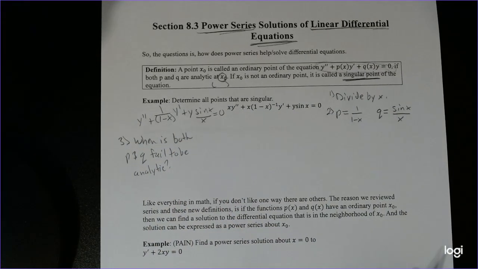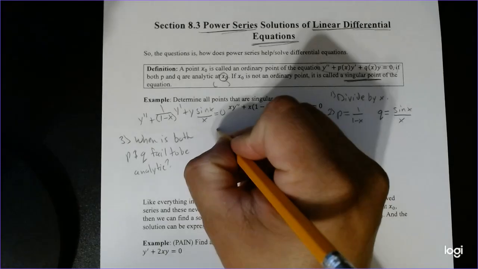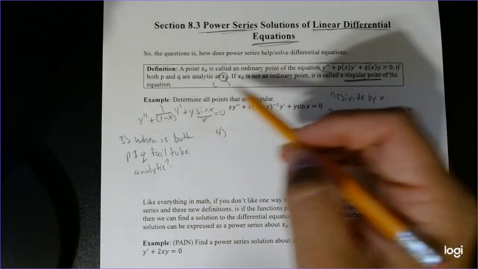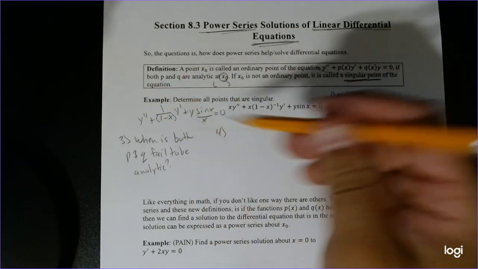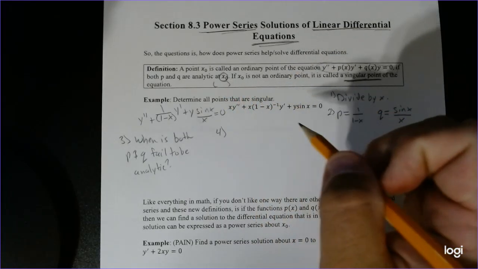That's what we want to figure out. So how do we do that? Again, not as obvious, and it's a weird definition. Analytic points is, I guess, vague when it comes to it.